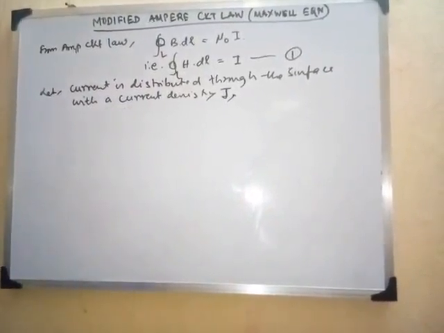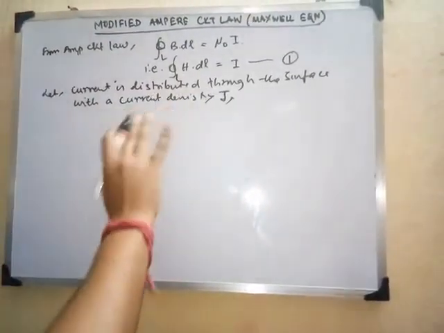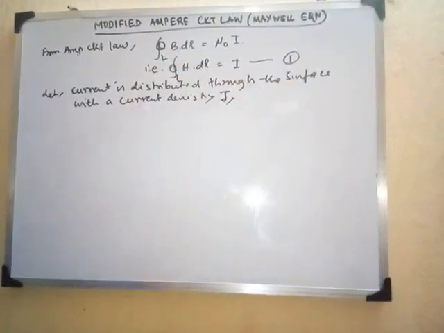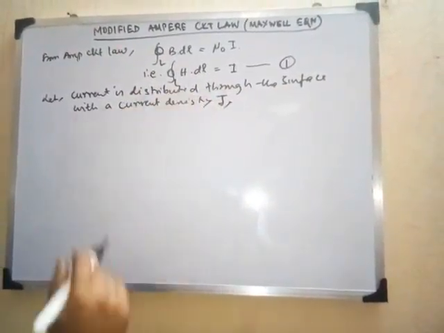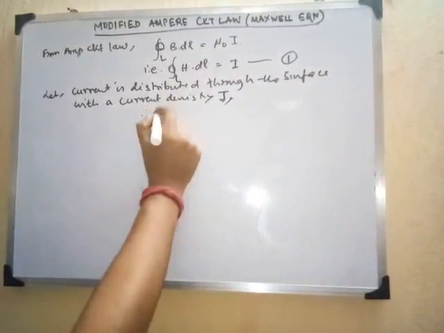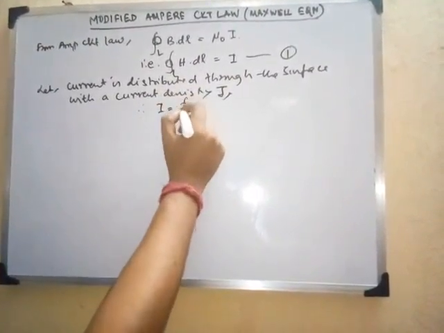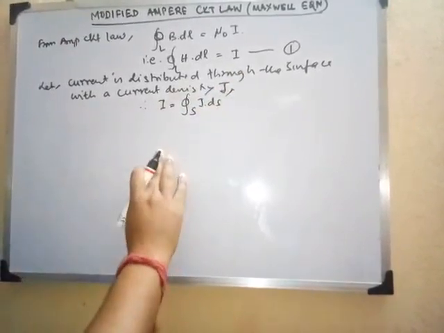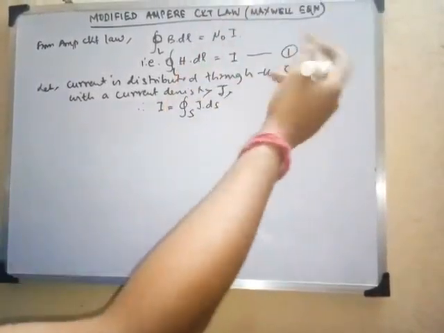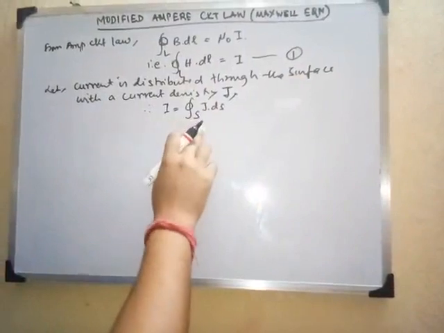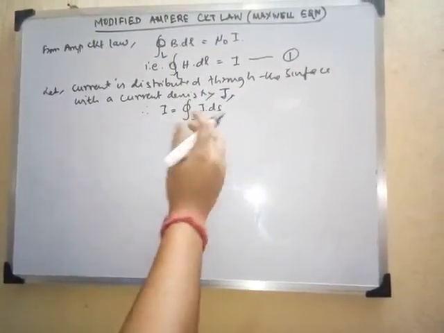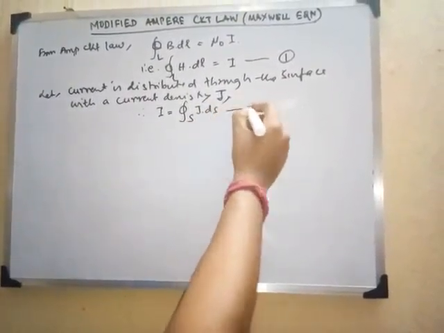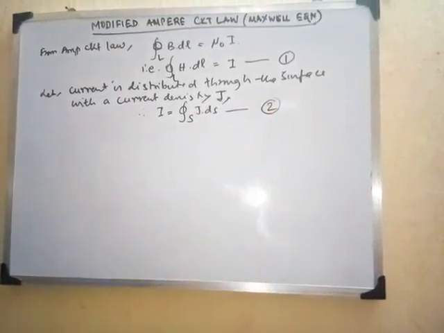So in this case we are considering that some amount of current is distributed through the surface having some current density J. Therefore we can write I equals the closed surface integral of J ds, right? That is also what we discussed while discussing the relation between J and H in the previous class. We consider it as our expression number 2, right?